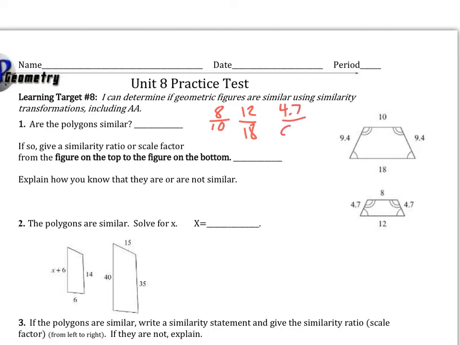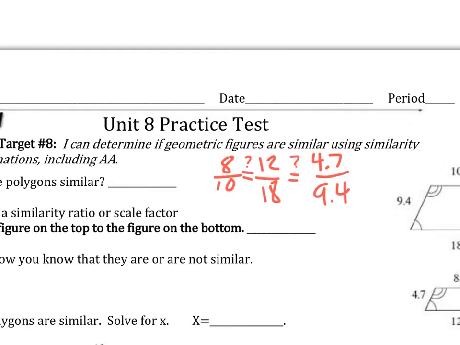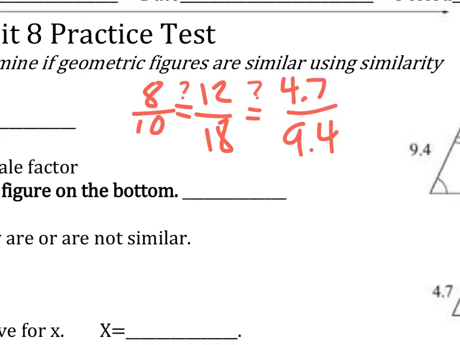All right? So the question is, are these equal? And really, we should put a little question mark here. We don't know yet. And so to clean this up, we could cross multiply just each pair. You have to do one pair at a time to cross multiply. But that's a little weird in this situation. So the best bet is just to simplify or divide.